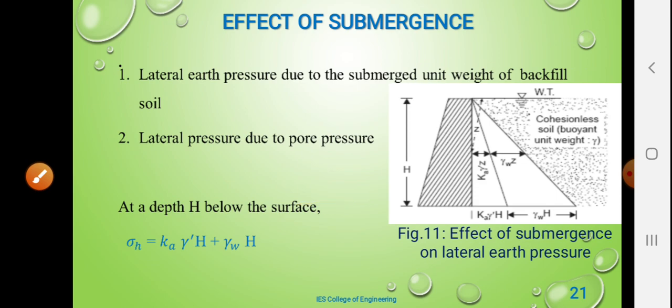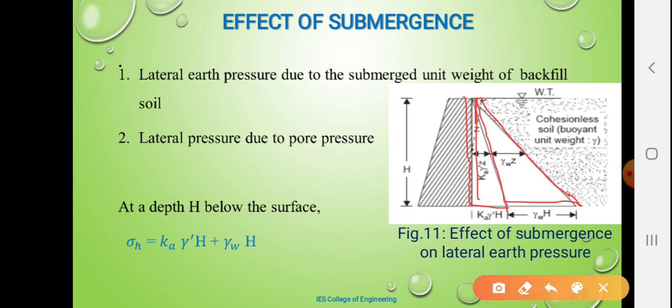And the next one is the effect of submergence. In this case, the lateral earth pressure is mainly due to the submerged unit weight of backfill soil and due to pore pressure. That means up to h depth, earth pressure equals Ka gamma dash h, plus the effect of pore water pressure, that means gamma W into z.